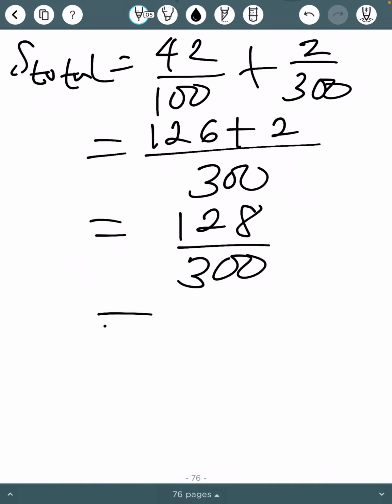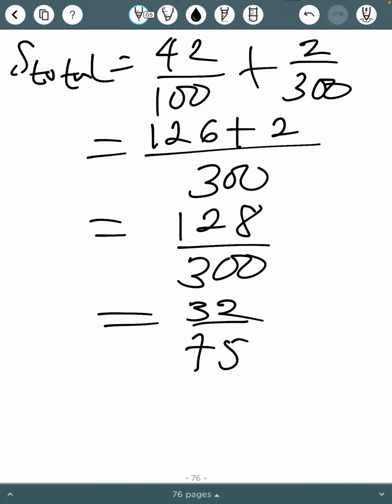So 128 over 300, there should be common factors. 4 goes into 300 seventy-five times, and 4 goes into 128 thirty-two times. So 32 and 75. Sorry, there's a mistake here: it is 32 over 75.